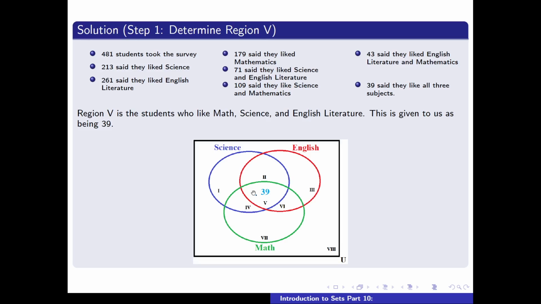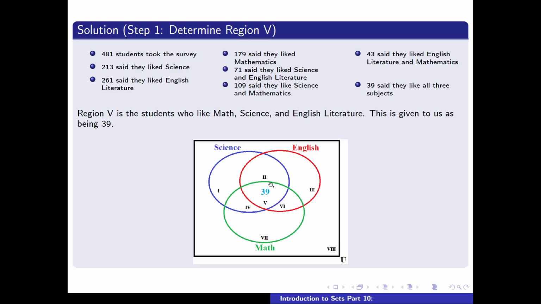What matters is their responses on the survey. So how many of them responded a certain way on the survey. So again, we're going to construct our Venn diagram dealing with the cardinalities of each of the 8 regions of this. Okay, and again, I have all of our information up here from the survey, and so we can begin.